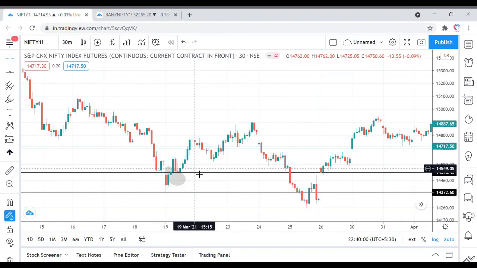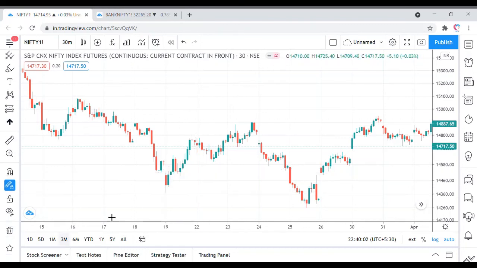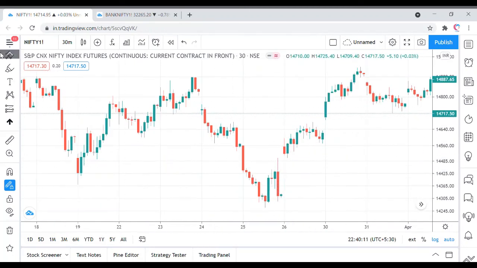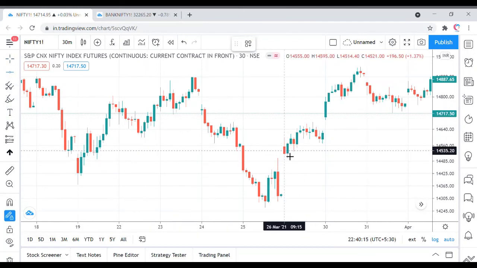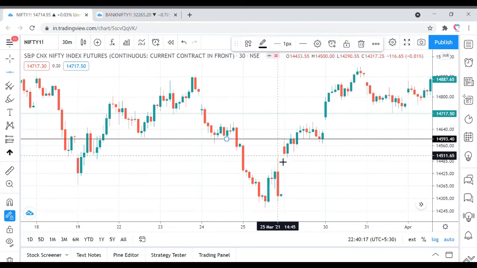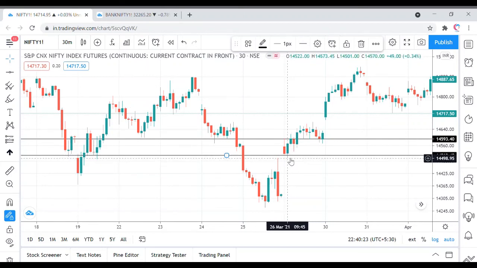Okay, so we'll go and see another example in Nifty. So there are instances where the trade will not be triggered, or the trade will trigger but your target or stop loss will not be met. Okay, so I'll just show you this on 26th of March. You can see we marked the high and the low of the candle. Here the low was broken but did not close below it, so we didn't go short.